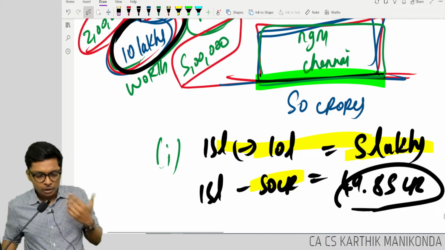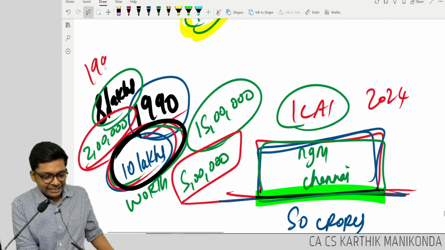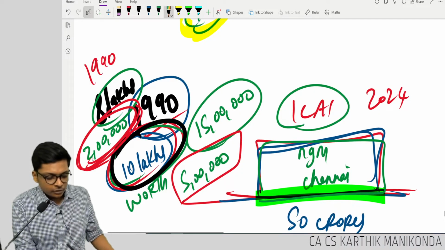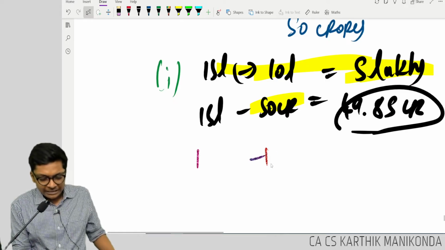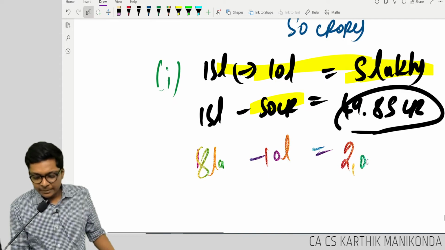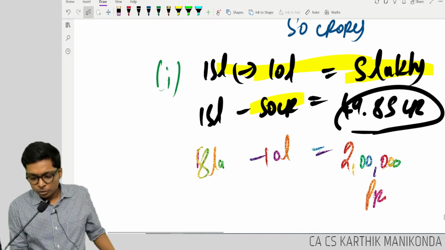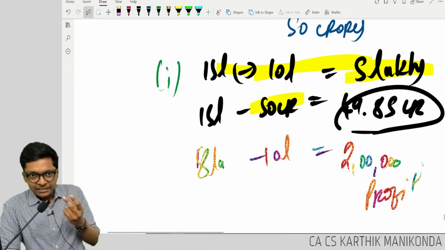Correct? Or in other words, if I tell in 1990, Lakshita made a profit of 2 lakhs, something worth 10 lakhs she got for 8. So in 1990, she made a profit of 2 lakhs.